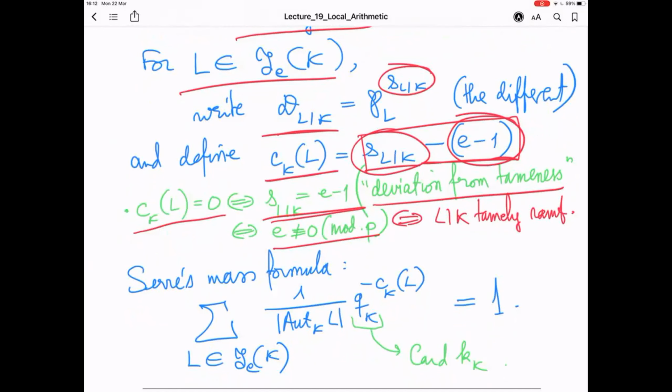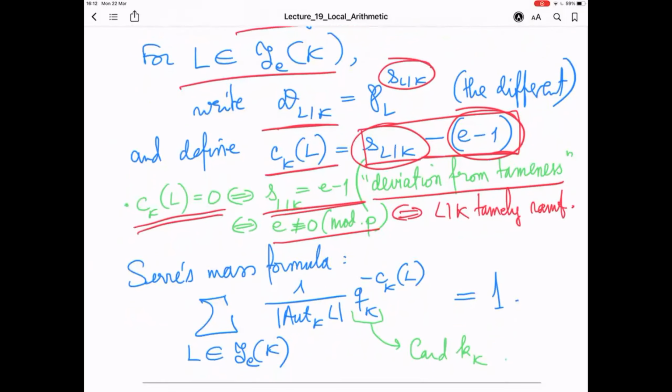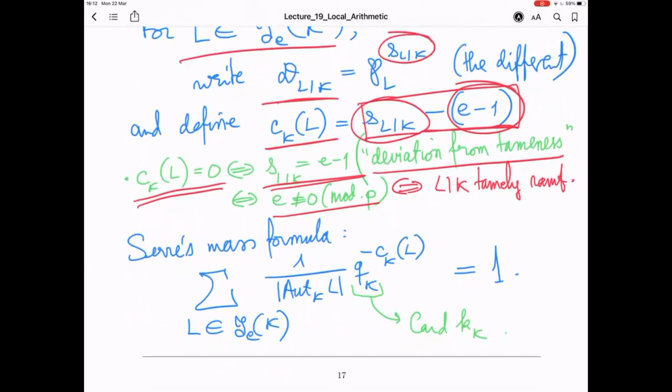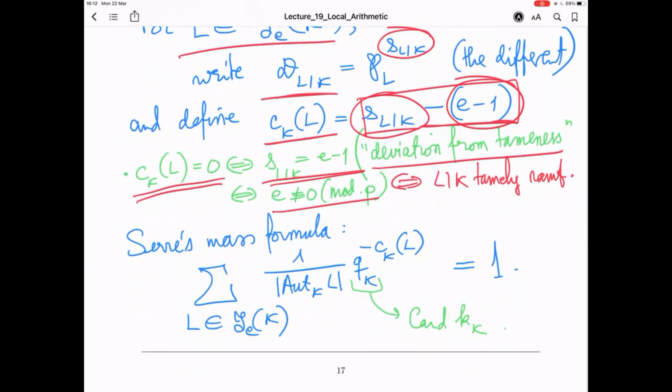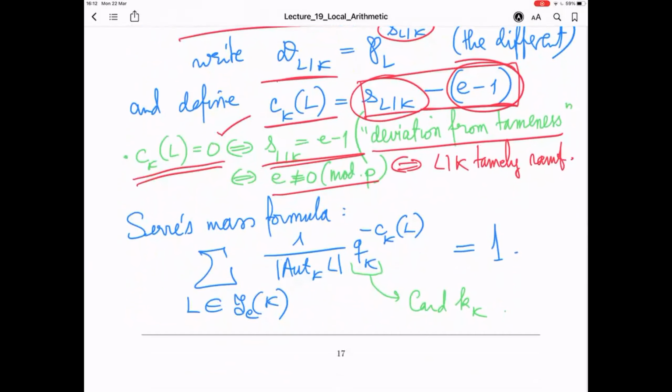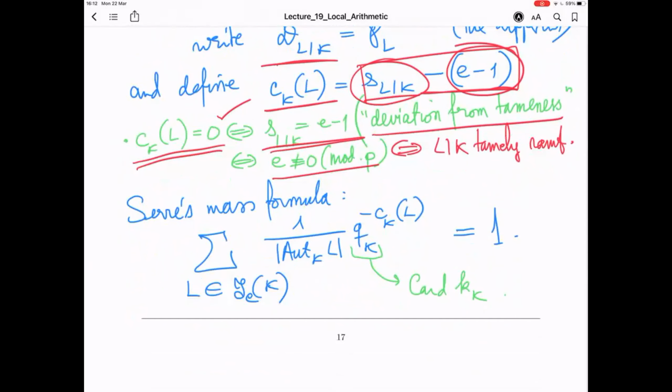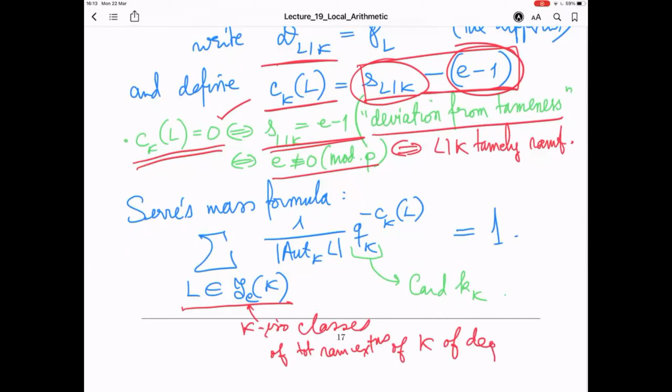And in this case, of course, this invariant CK of L is equal to 0. In any case, what the mass formula says is that when I take the sum over all L, remember these are the K isomorphism classes of totally ramified extensions of K of degree E, that's what this TE of K is.